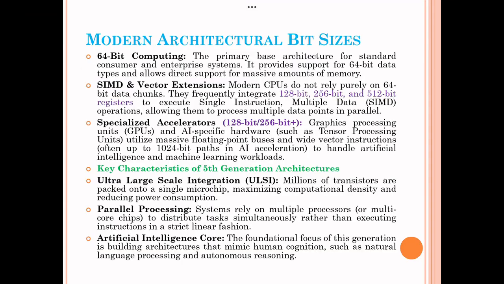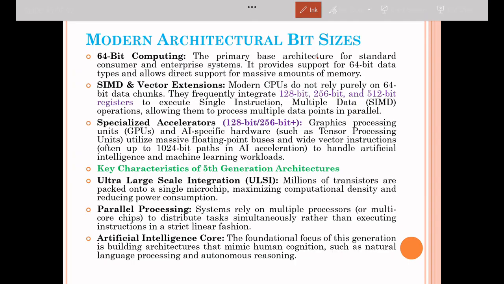Now next, we talk about the modern architecture, bit size. Already we explained, right? You can see nowadays 128-bit, 256-bit, 512-bit registers are available. If a register is 128 bit or 256 bit or 512 bits, it can store more data, so its speed is very high.